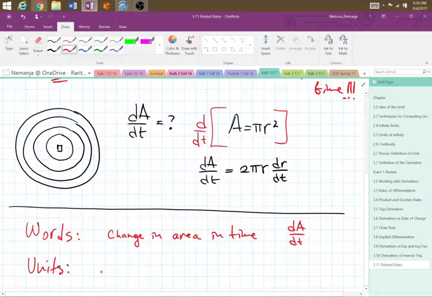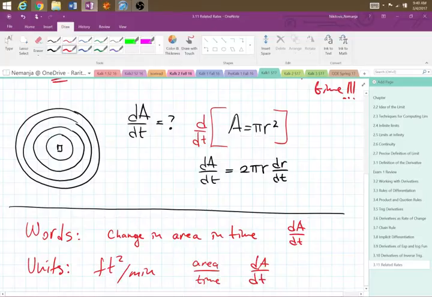If you get feet squared per minute, well, feet squared, what is that? That's area over time, so again, dA dt. I can give you inches cubed, meters cubed. Let's say meters cubed per hour. What's meters cubed per hour?